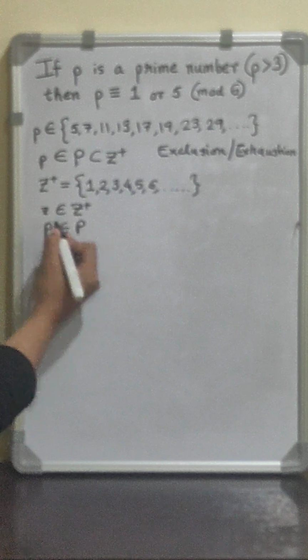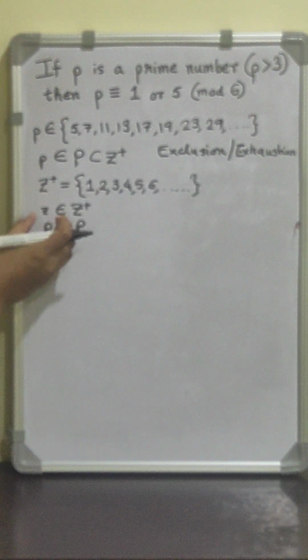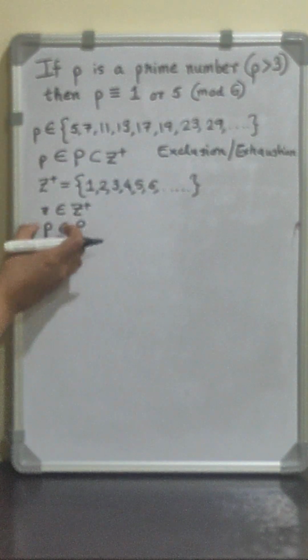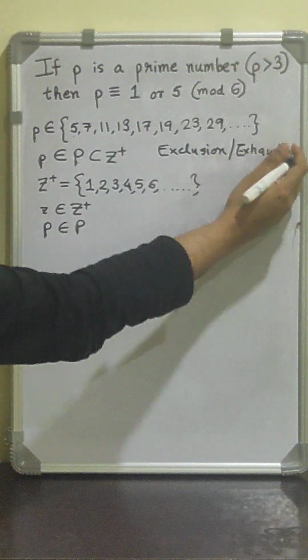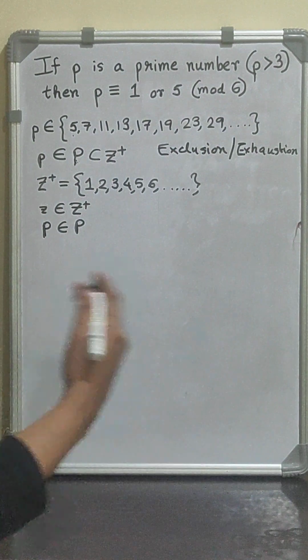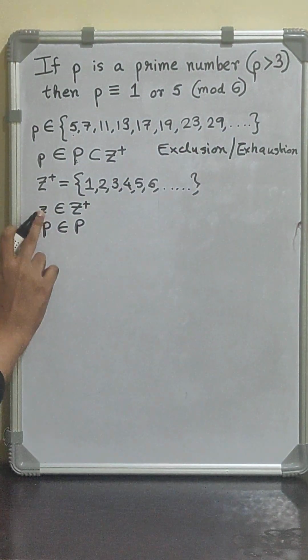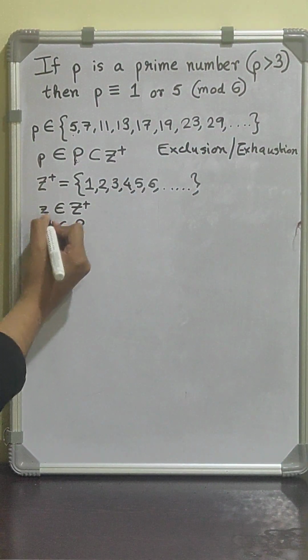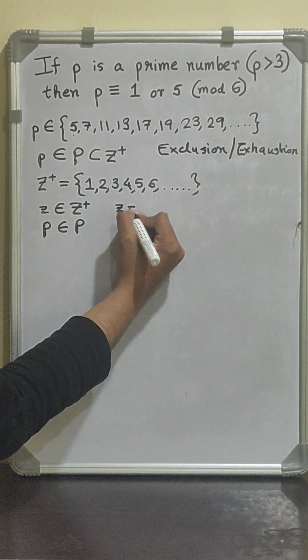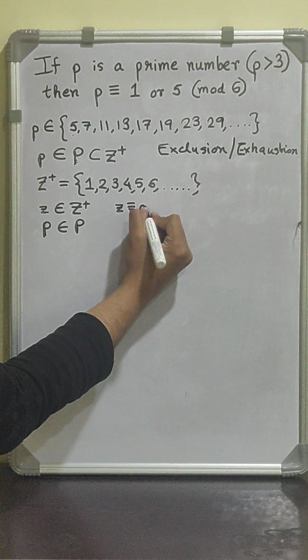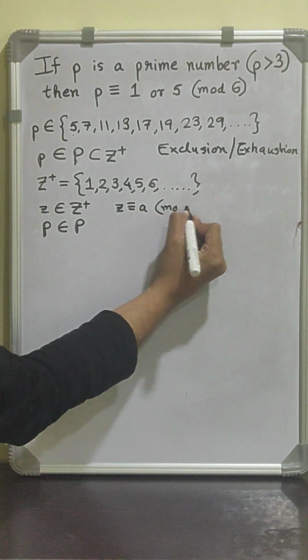So this gives us an idea that since p is a subset, p has fewer values and z has more values. So if I'm trying to use exclusion or exhaustion, if I'm trying to exhaust all possible options, I will have to exhaust z and not p. So z can be defined as z mod 6.